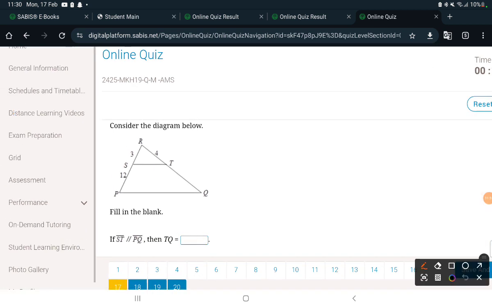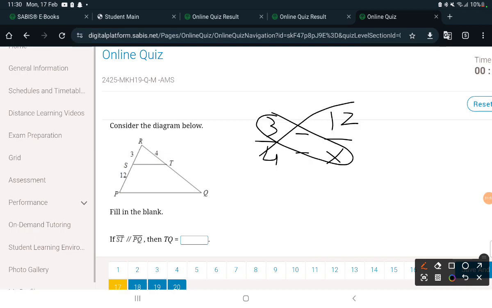Okay, yeah, same thing here. So we have 3 over 4 equals 12 over TQ, also known as x. Cross multiply, because here it's simplified. 3 multiplied by x is 3x. 12 multiplied by 4 is 48. 48 divided by 3 is 16.